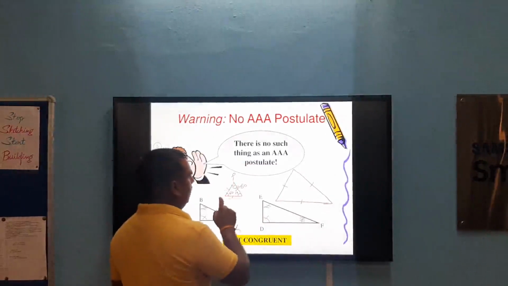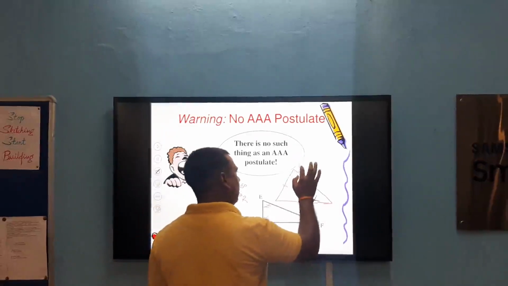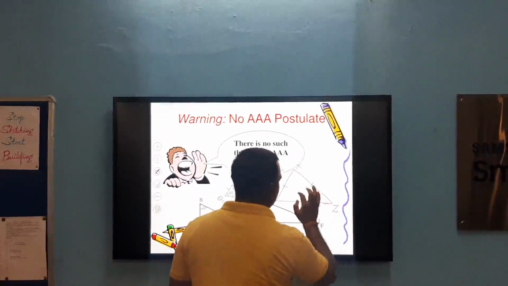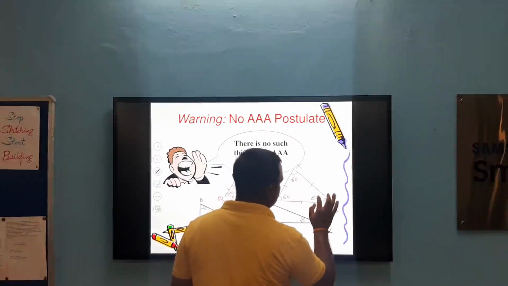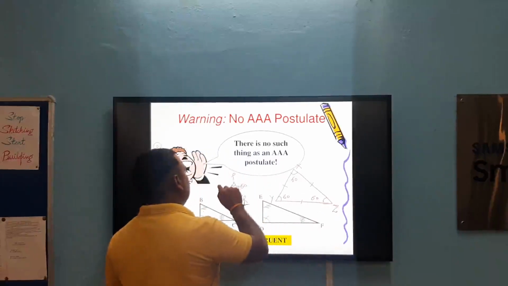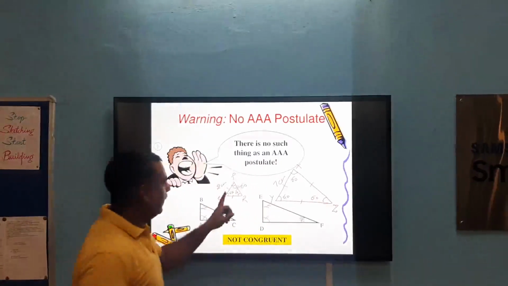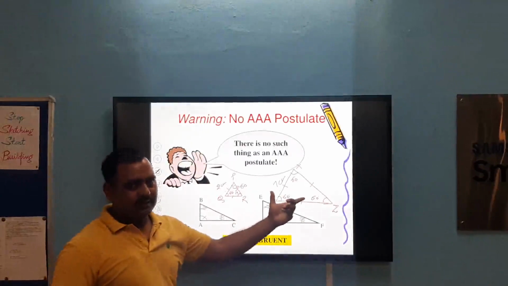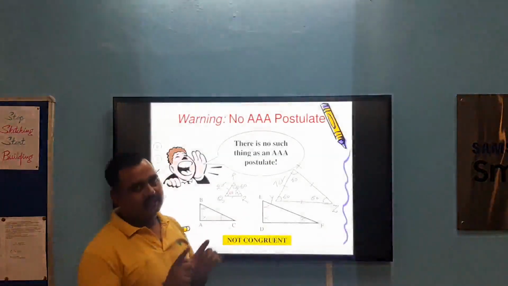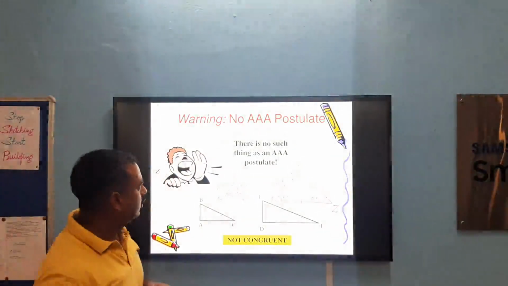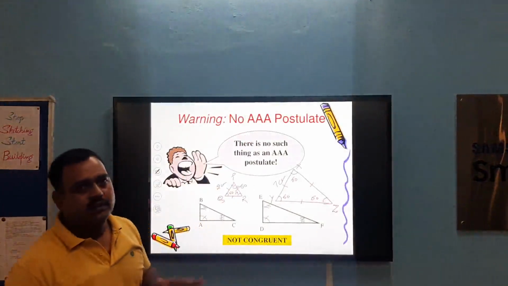In this triangle PQR, all angles are equal to 60 degrees. In this triangle XYZ, all angles are also 60 degrees. But here, let us say the side is 2 centimeters and here the side is 7 centimeters. So here is the difference between the two triangles. All angles are equal, but the triangles are not congruent to each other. They have the same shape, but their size is not equal. So the AAA postulate does not exist in congruency.